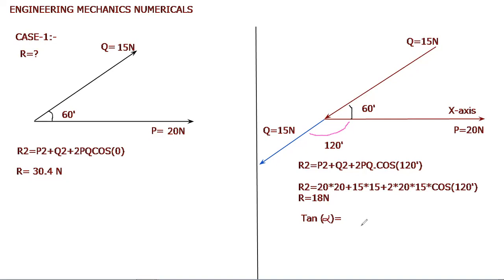Now what is this tan of alpha? Tan of alpha is the angle made by the resultant with the x-axis. So we also have to draw the resultant here, right?